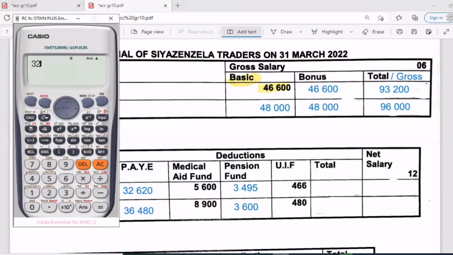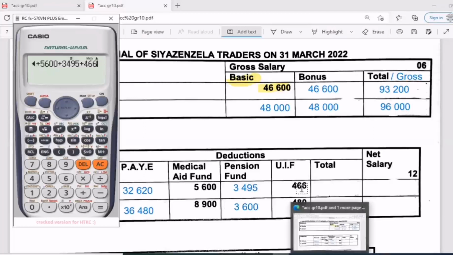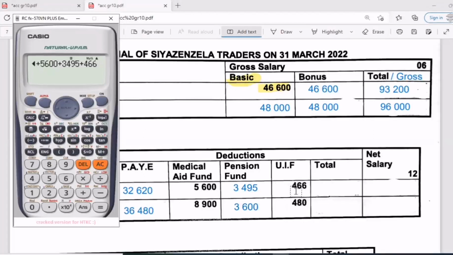The pay as you earn is 32,620, the medical aid is 5,600, pension fund 3,495, UIF 466. The UIF is already entered in the answer booklet. So the total is 42,181.